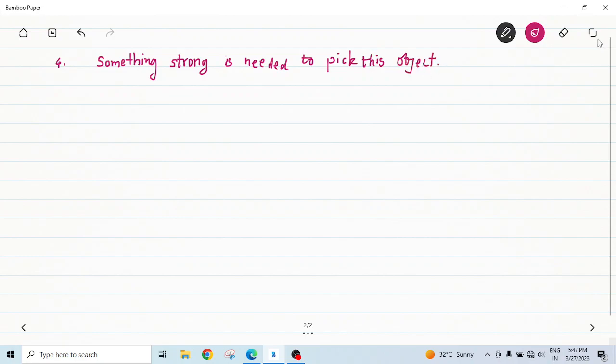Now you see, this is a clause or say a sentence. In it, you see that something is needed.